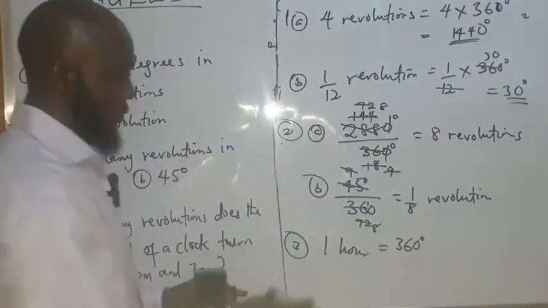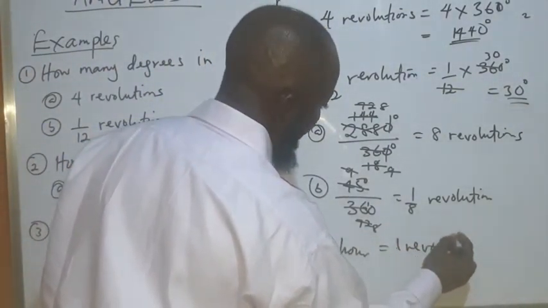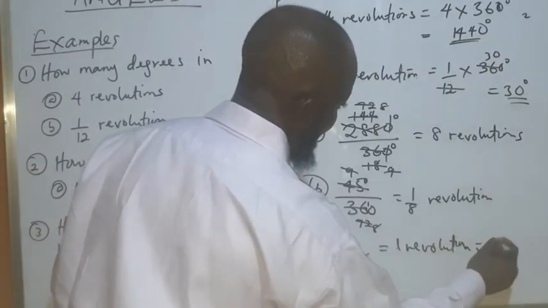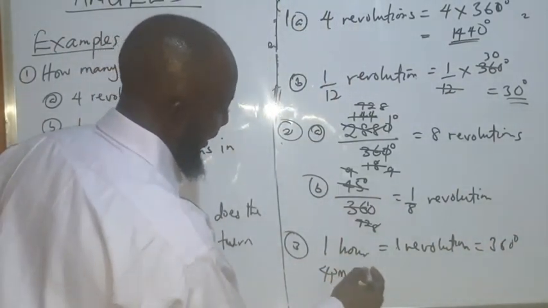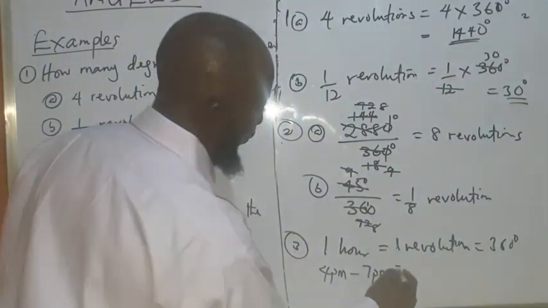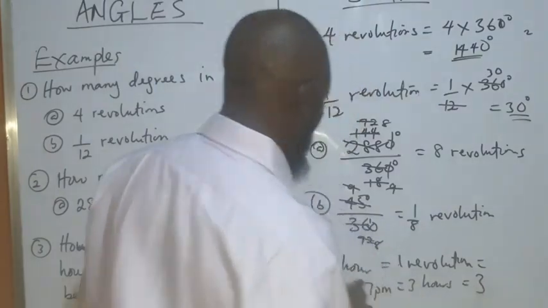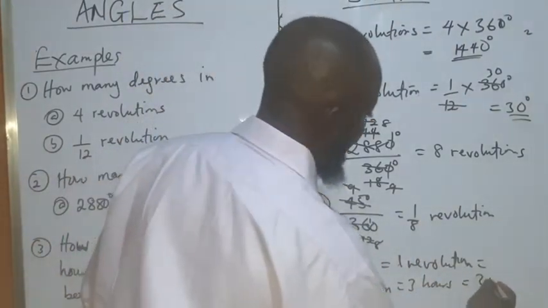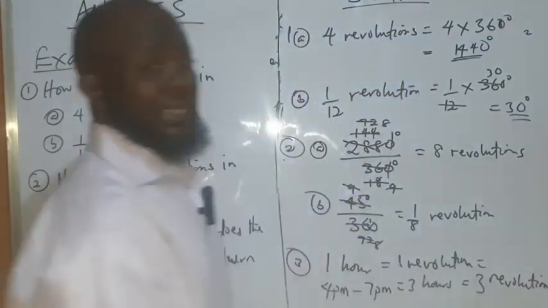That's 1 revolution. 1 hour is 1 revolution, which is equal to 360 degrees. So between 4 p.m. and 7 p.m., we have 3 hours. That's going to give us 3 revolutions, because 1 hour is equal to 1 revolution. I hope that is very clear.